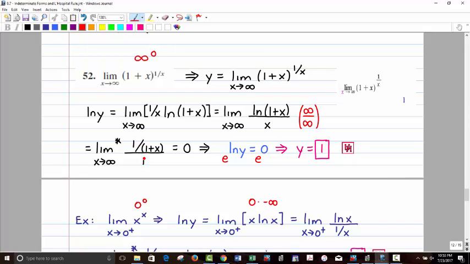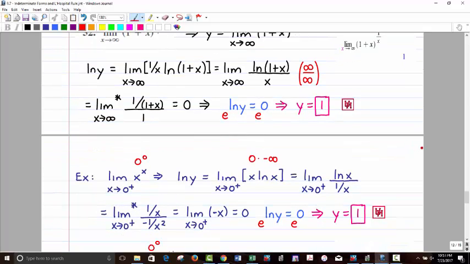The bottom is going to be 1. Now you put the infinity in there, you get 1 over infinity, which is 0, over 1, which is 0. But 0 is not the answer. We e both sides. e to the 0 is the answer, and e to the 0 will be 1. So you can see I put the original limit back in here and got 1. So don't forget to e that last step.